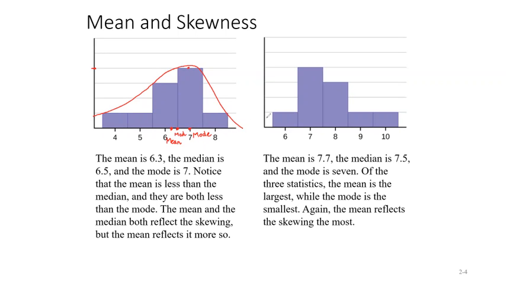Now, on the opposite side, if you have a distribution that is skewed to the right, that means you have many values right here, many large values, and this will affect the mean. And that is true. Look at this. It's kind of pulling the mean toward the direction where the distribution is skewed. So the mean right here is 7.7. The median is 7.5. And the mode is the tallest bar right here, which will be 7.